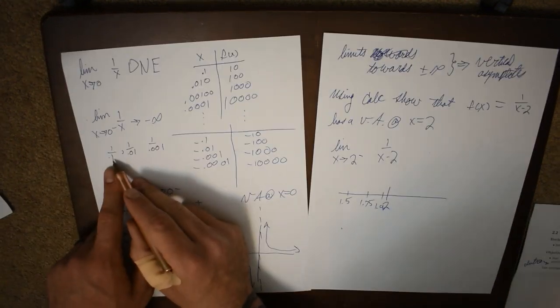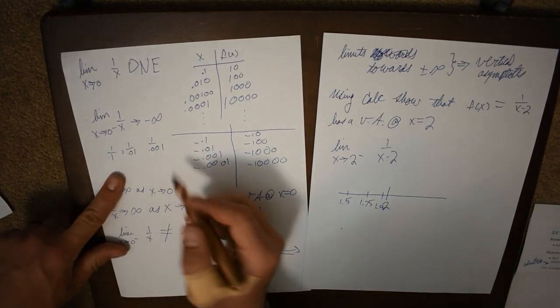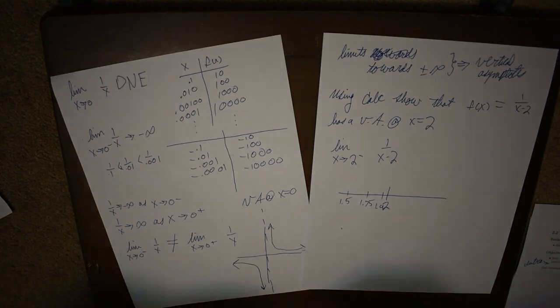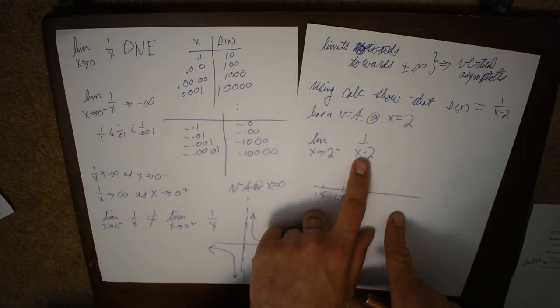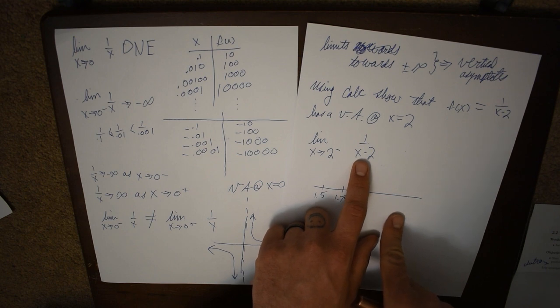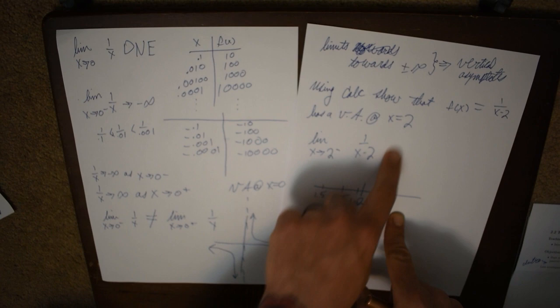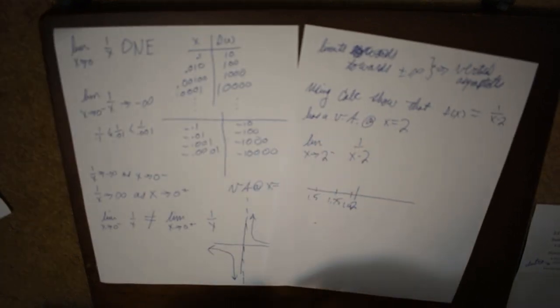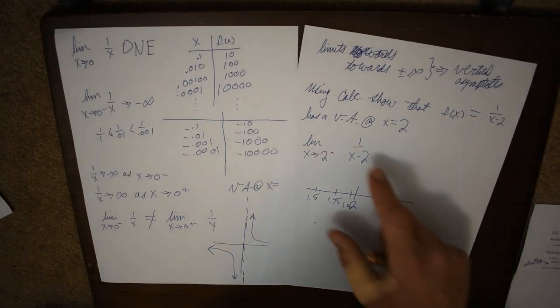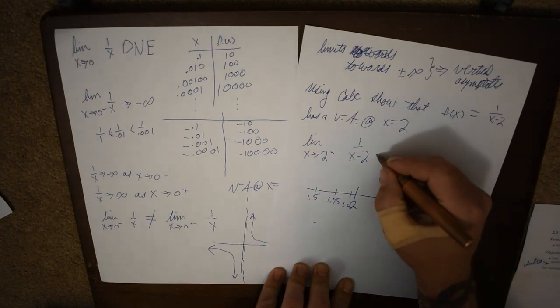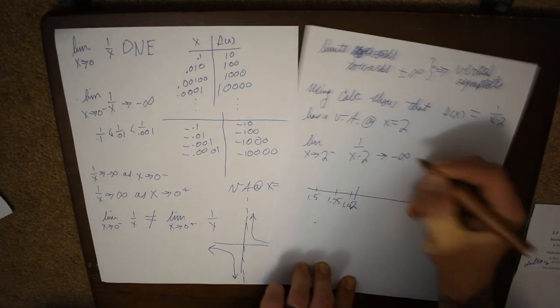These denominators are getting smaller and smaller, but the number as a whole is getting bigger and bigger. This denominator is going to get incredibly small if we let x get incredibly close to 2. That means this number as a whole is going to get incredibly large. Since we're always going to be negative, that means we're going to tend towards negative infinity.